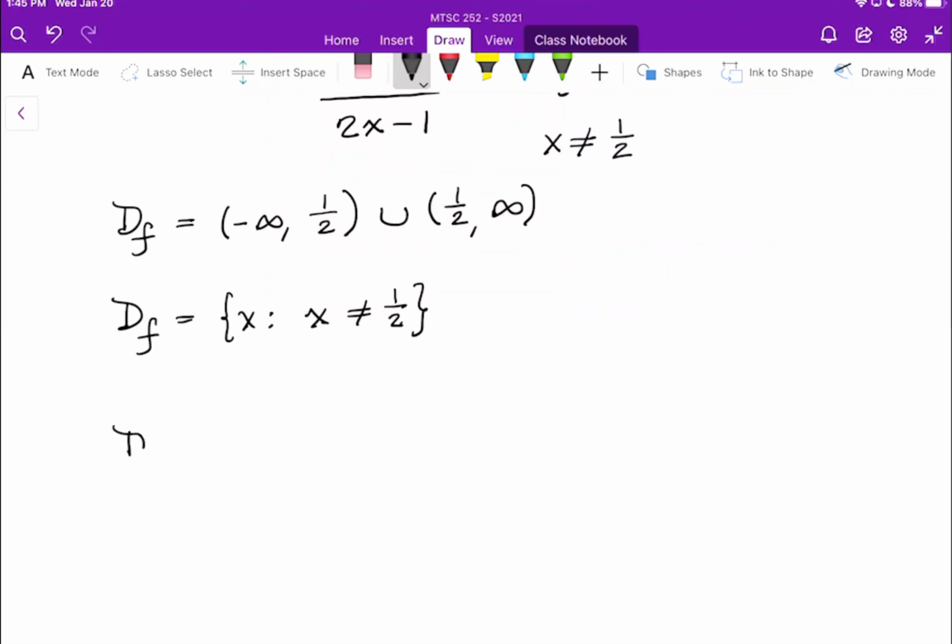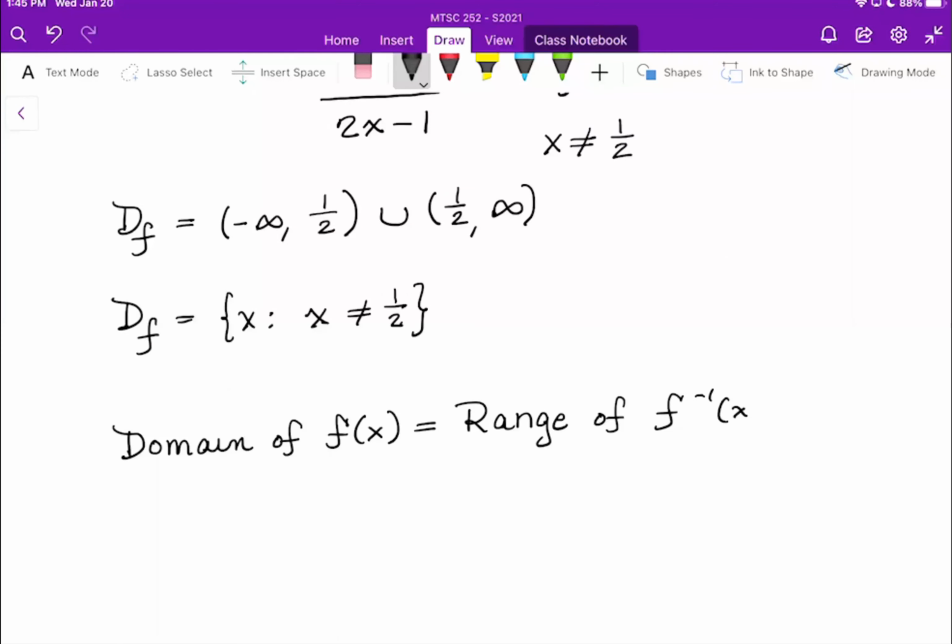The domain of f is the range of f inverse. Well, the domain of f inverse is the range of f.